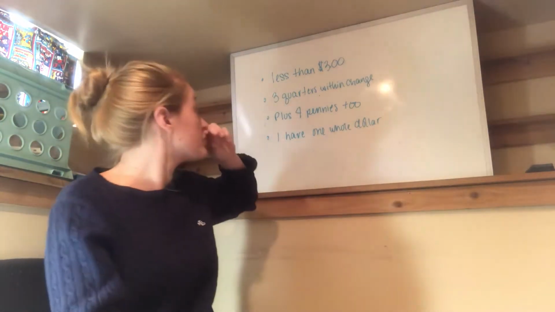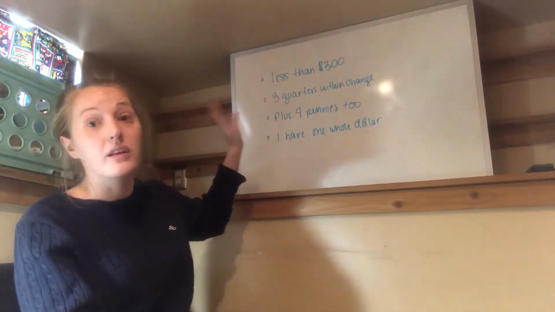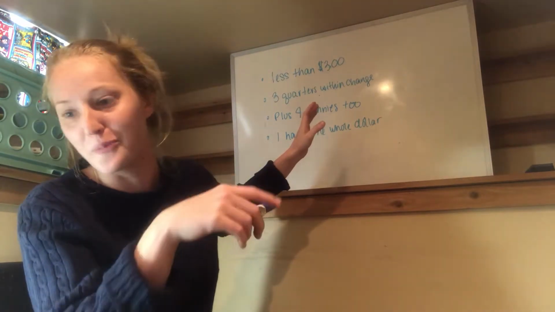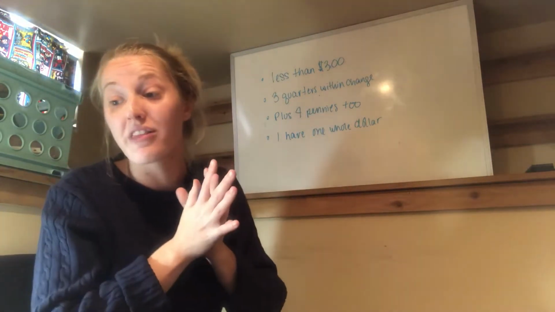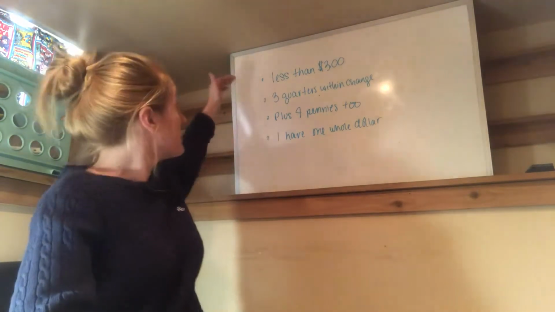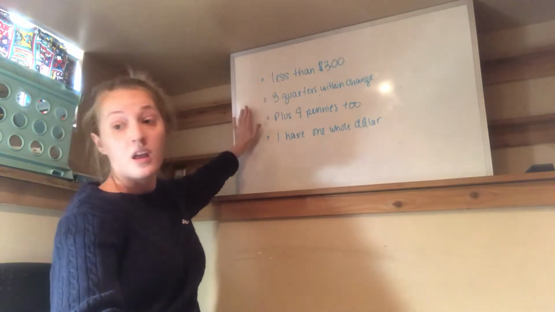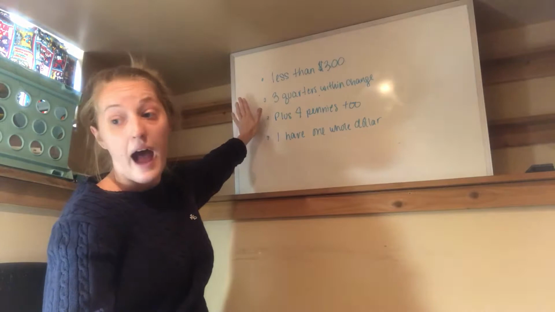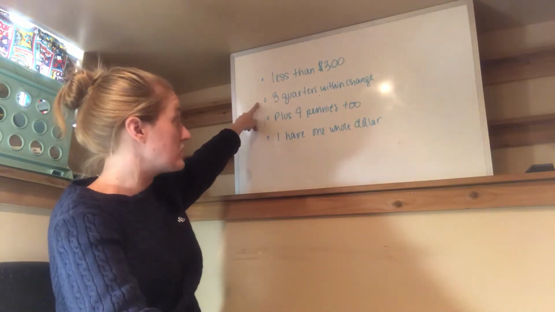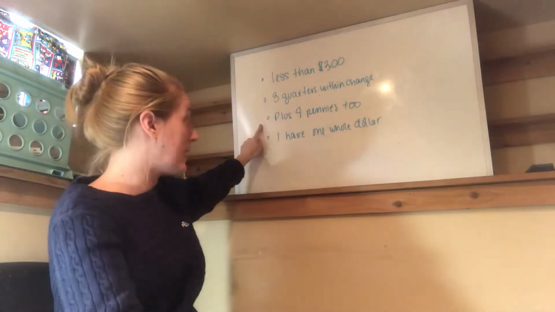We already know that the riddle goes: my value is less than $3. I have 3/4 within my change, plus 4 pennies too.